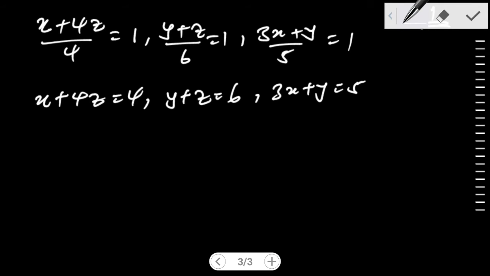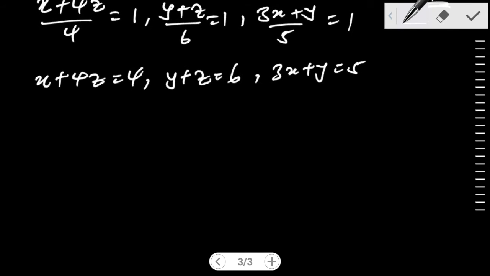Having done so, let me work out these equations with one another. If I have x plus 4z equals 4 and y plus z, I can decide to eliminate z and remain with x and y, such that I can work out with the third equation.